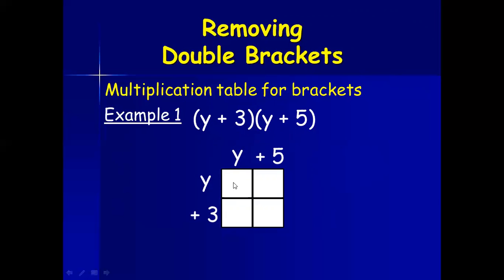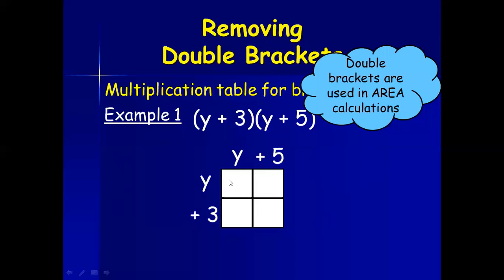I'm going to take the area of each small square. So the first square, the area is y times y, which is y power 2. And this square, I have 5 and y, so the area will be 5y.